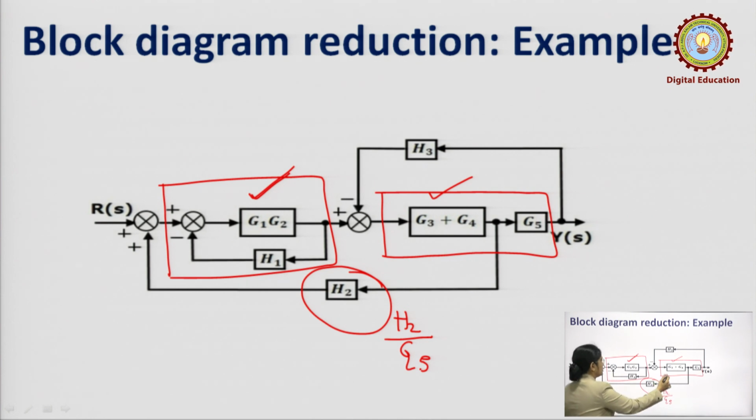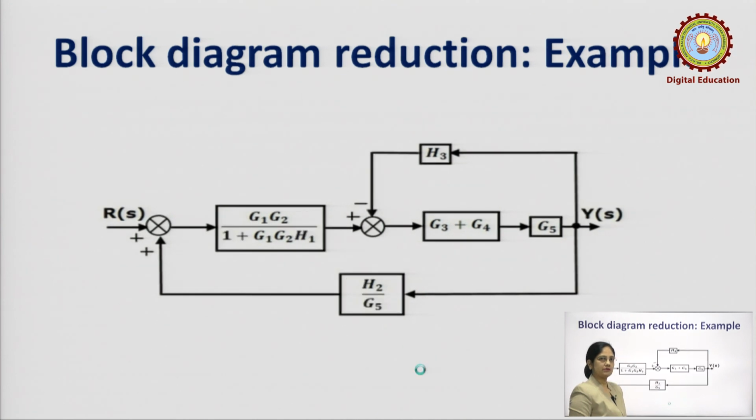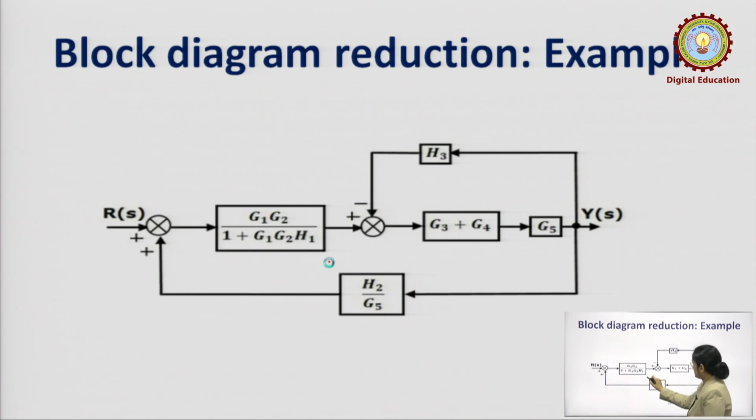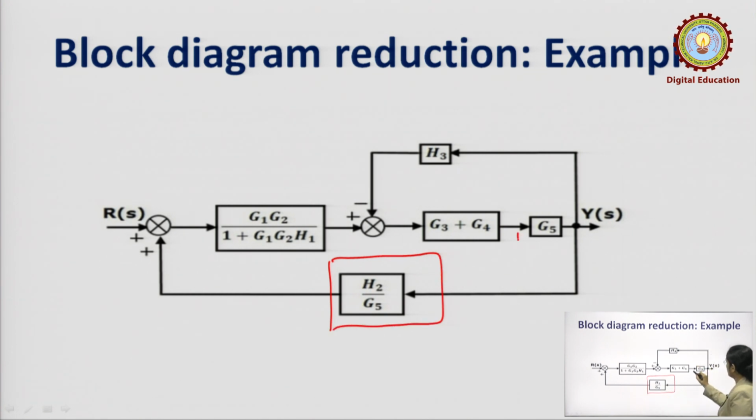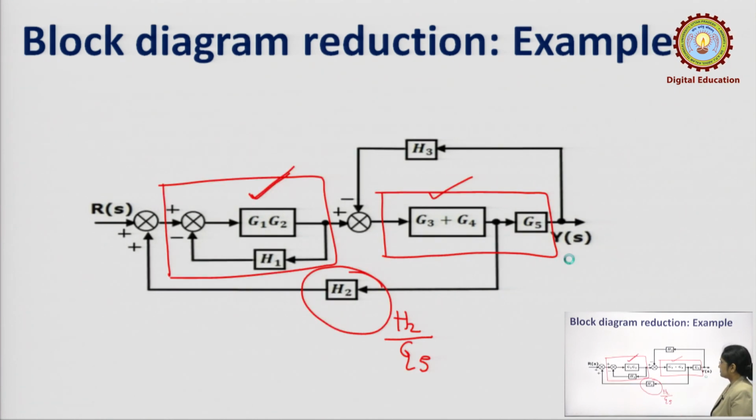This is a new block added here, that is 1 divided by G5 will be added, and both come in combination as a cascade element. Therefore, H2 upon G5 will be the result. That is what has been done here. This takeoff point is moved beyond the block, and therefore, we have this combination. This is one part which had to be taken care of, and that is done. The takeoff point is now moved with an additional block 1 divided by G5 here.